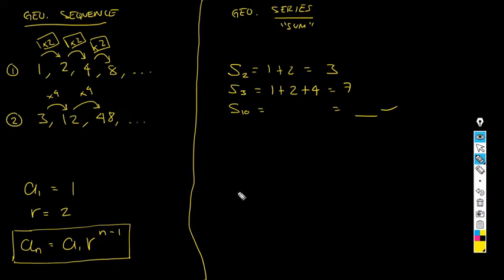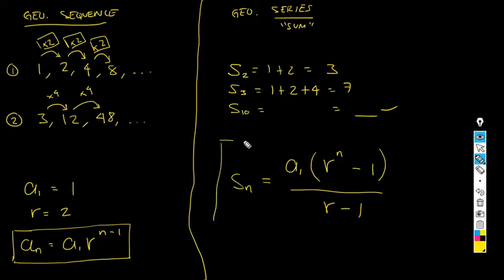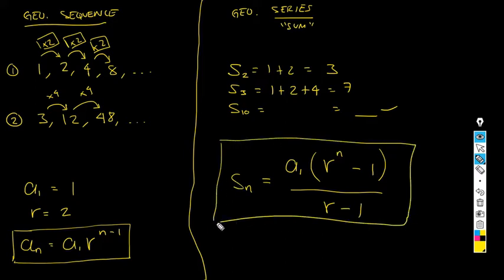And remember that we also found the formula to get the sum of the first n numbers of a geometric sequence, and that was equal to the first term times the ratio to the n minus 1, over the ratio minus 1. This is the formula that gives us the sum of the first n terms of a geometric sequence.